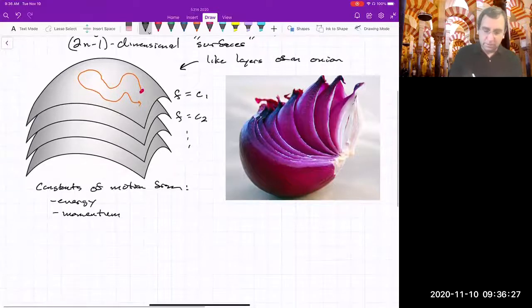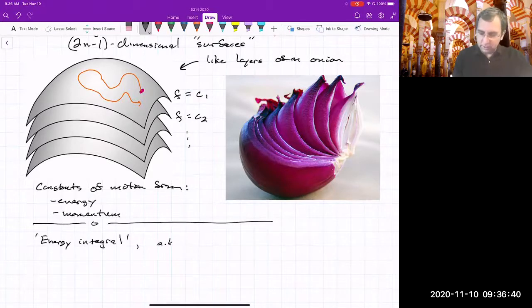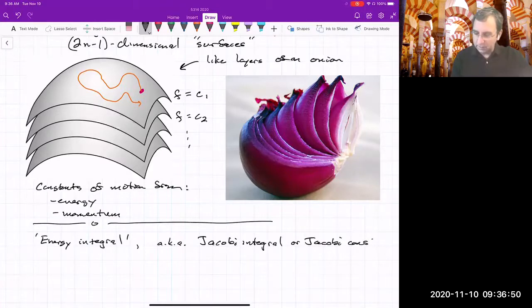So the first one that we'll look at is called, I'll put this in quotes, the energy integral. It's also called the Jacobi integral, or Jacobi constant, after a mathematician named Jacobi.